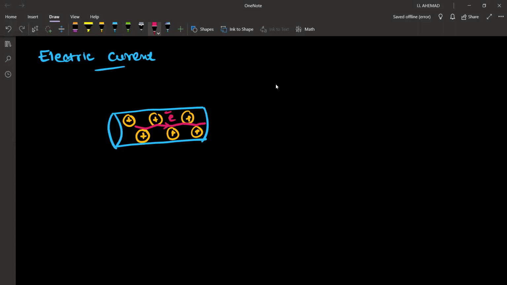Let's say this is the motion of electron. If the electron is moving towards your right, then the direction of current is towards our left. So this is the direction of current, and the movement of electron will be in the opposite direction.